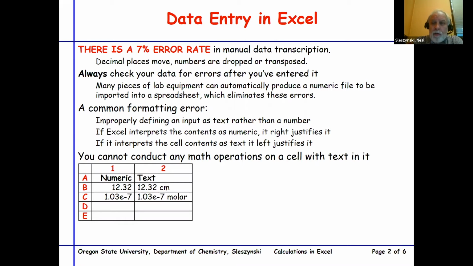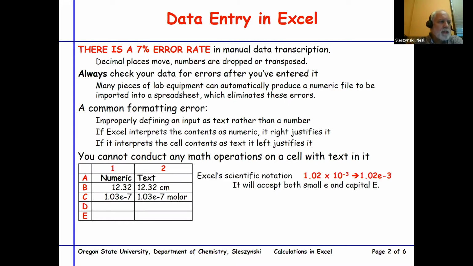A common error for students is to add units in a cell where they have numeric values. As soon as you put an alpha character in that cell, Excel automatically assumes it's text and will not do any calculations. We should similarly note that Excel's version of scientific notation involves E for exponent.